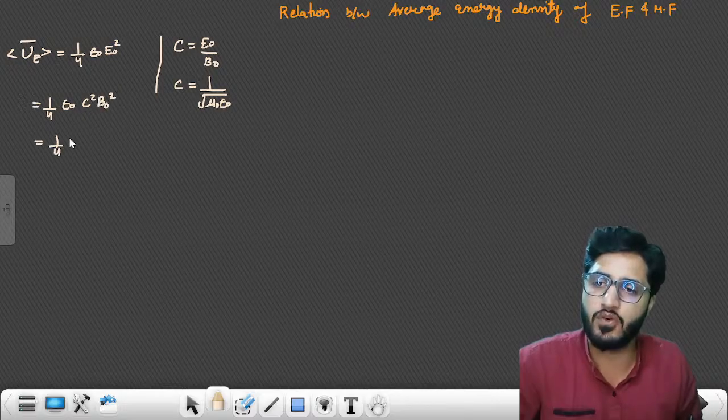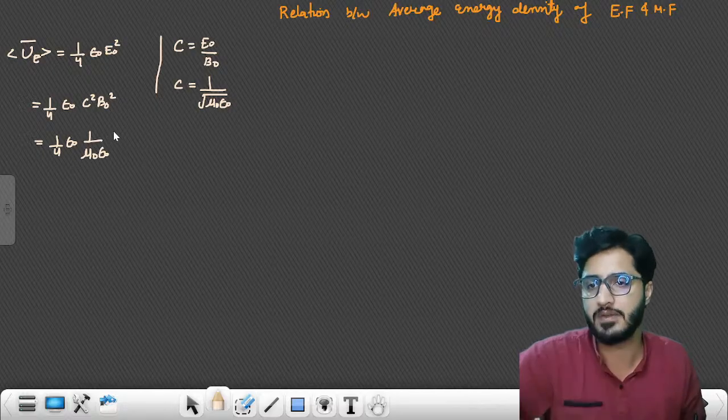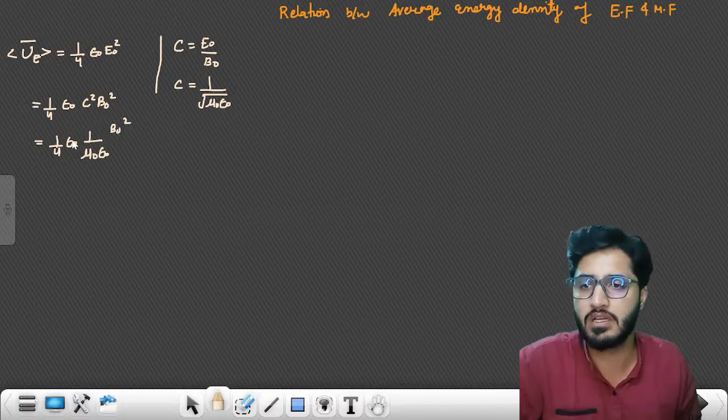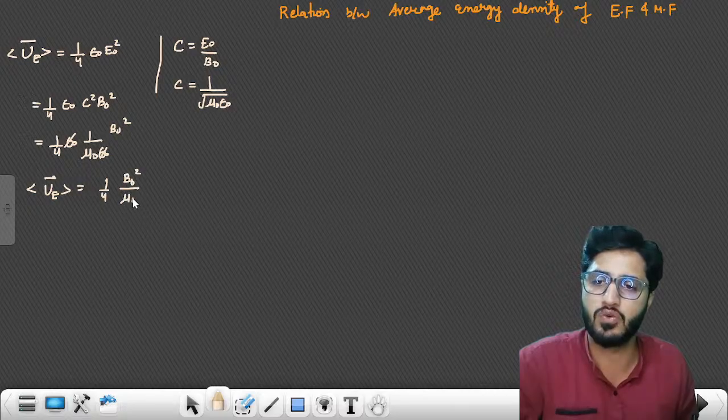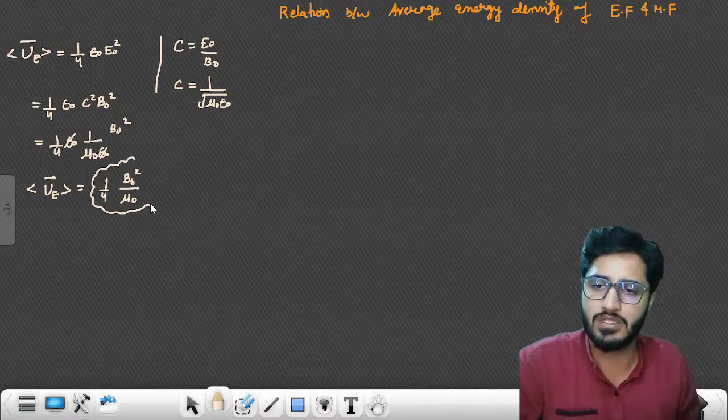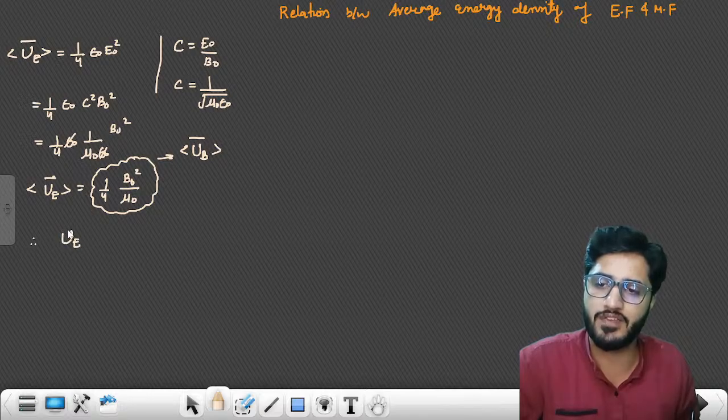I can write 1 by 4 epsilon naught times 1 divided by nu naught epsilon naught, then B naught square. Epsilon naught cancels out. So I can write average energy density in the electric field equals 1 by 4 B naught square divided by nu naught. If you check, this one is the average energy density in my magnetic field. Therefore, average energy density in the electric field equals average energy density in the magnetic field. Done?